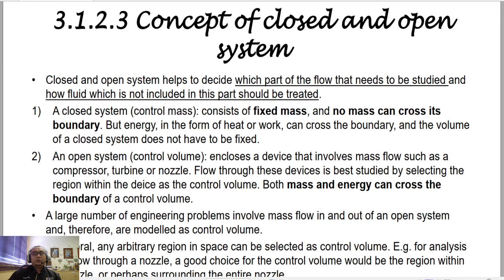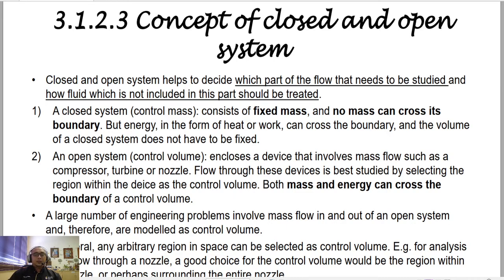Okay. Kemudian kalau open system pula, kita akan buat ataupun condition dia adalah control volume. Okay, enclosed with device that involve mass flow such as a compressor, turbine or nozzle. Flow through these devices is best studied by selecting the region within the device as the control volume. Both mass and energy can cross the boundary and control volume.